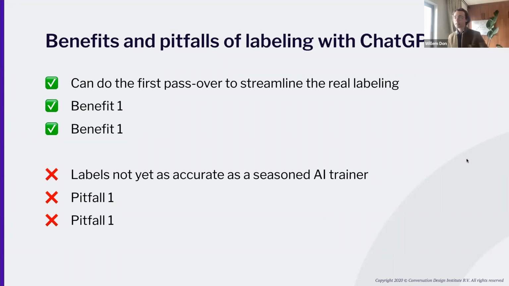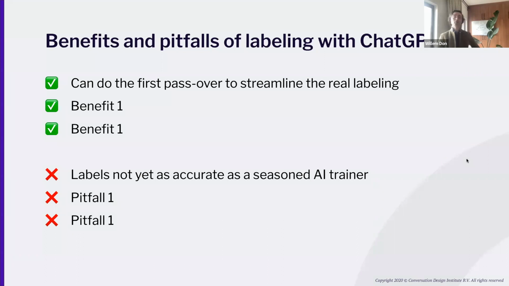Anyway, I see one big benefit to labeling with ChatGPT or other LLMs, and that is that you can do the first pass at a big set of labels and reduce time in that way. Let's say you have 1,000 questions. You can let ChatGPT already do some labels, and then organize them based on the intent it found.